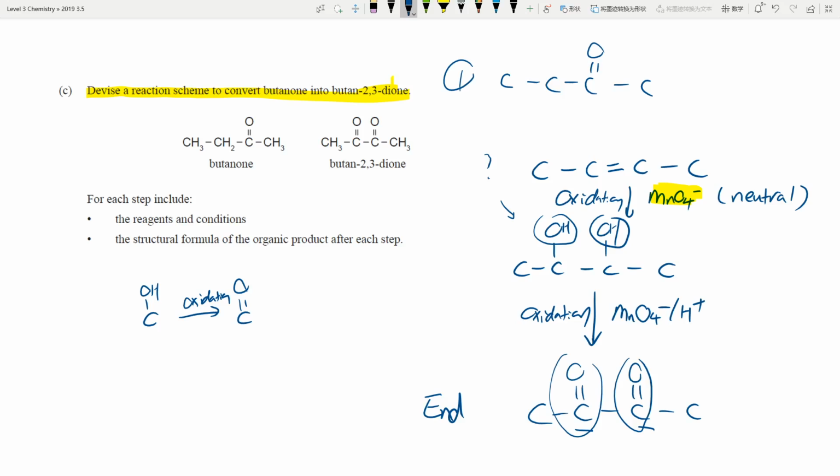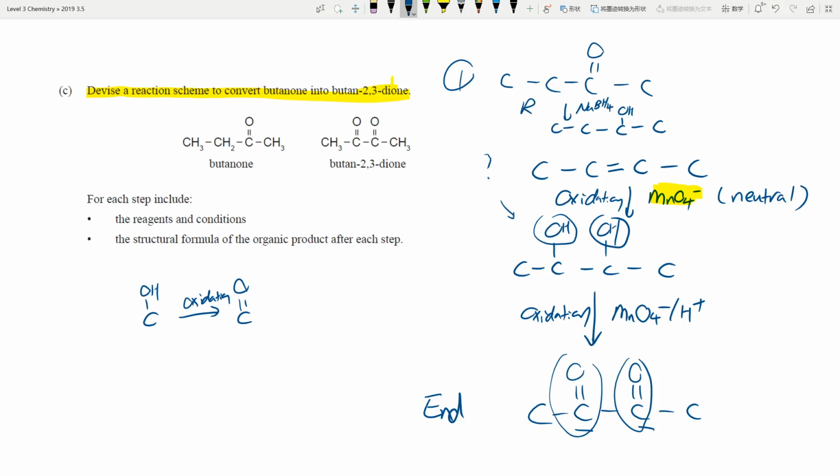How do we get that butanone to something close enough to a ketone? Well, can't I make that into an alcohol? How do I do that? You use sodium borohydride, NaBH4. So you do the reduction reaction.